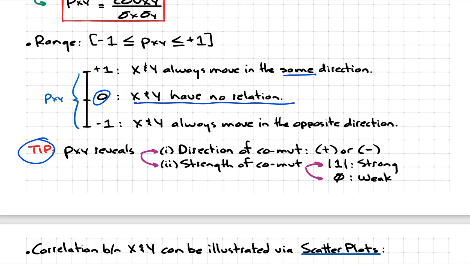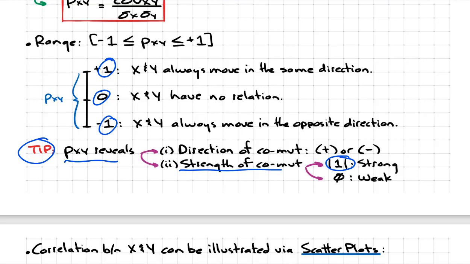So let's summarize here. As I demonstrated before, correlation reveals two pieces of information. The direction of the co-movement, so are they moving in the same direction or in opposite directions? But at the same time, correlation reveals the strength of the co-movement. So if it's close to absolute 1, whether it's +1 or -1, doesn't matter.